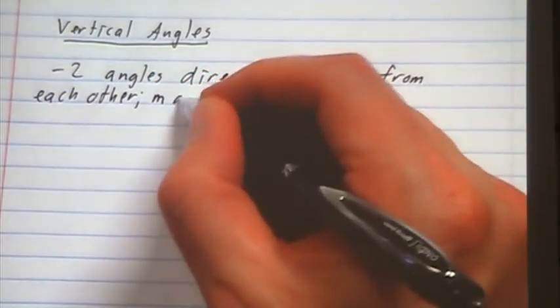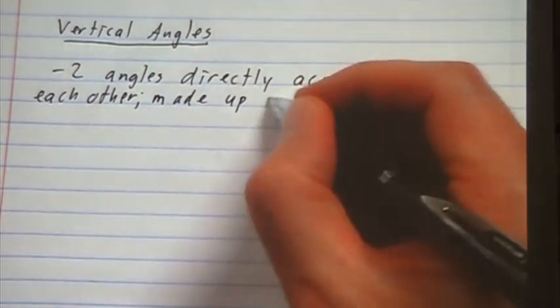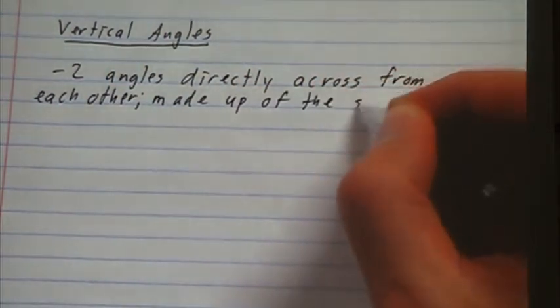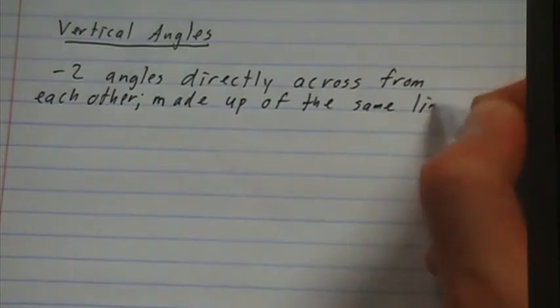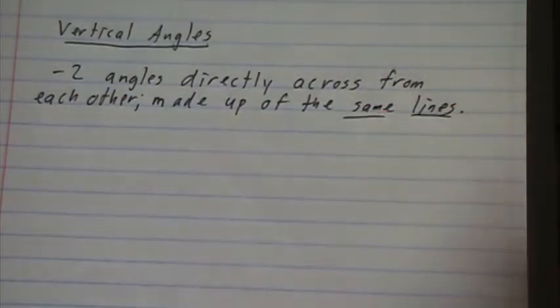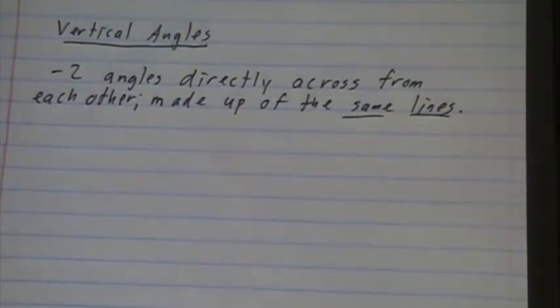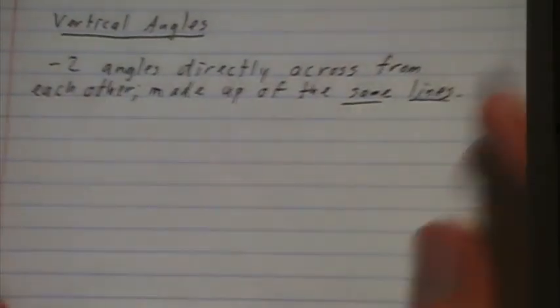And they're made up of the same lines. And vertical angles are congruent.